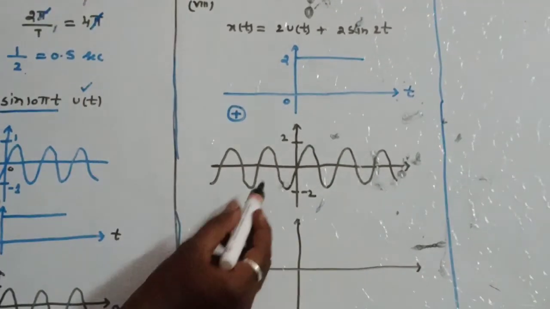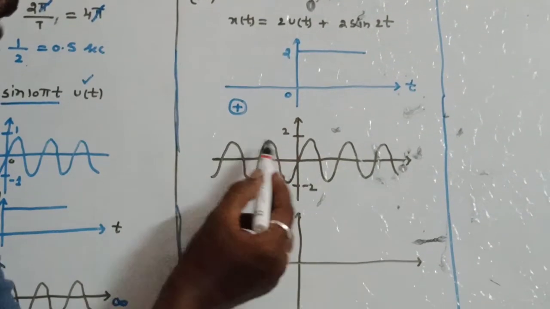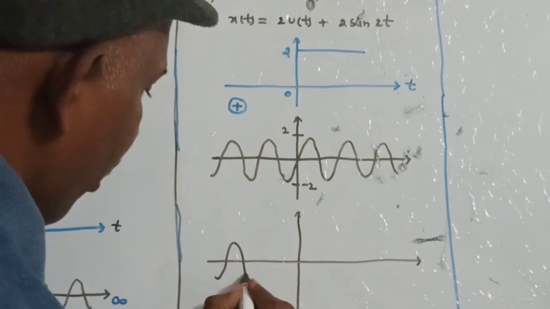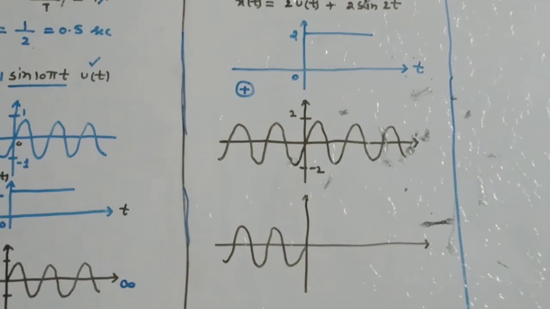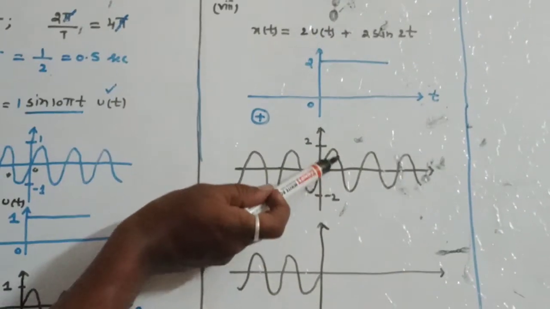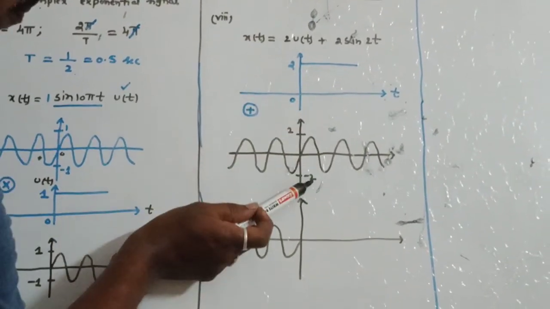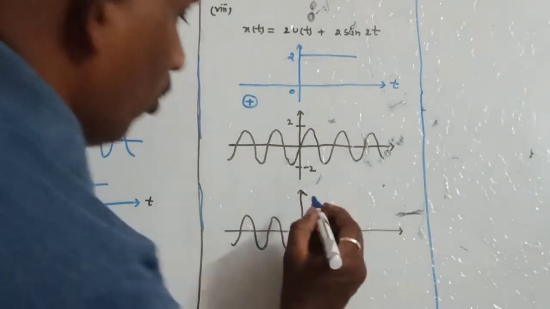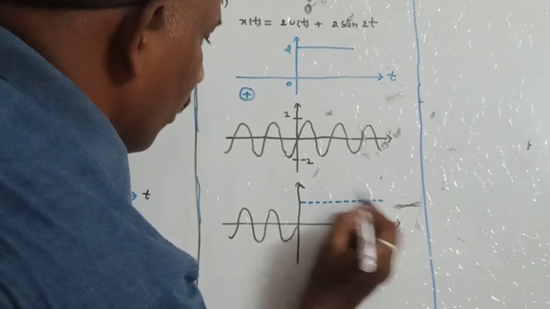For the left portion, you can see 0 added to a sine wave is the same sine wave, so we can draw the left portion as it is. Coming to the right portion, 2 is added to this waveform. That means for the positive peak we add 2, and for the negative peak we add 2.